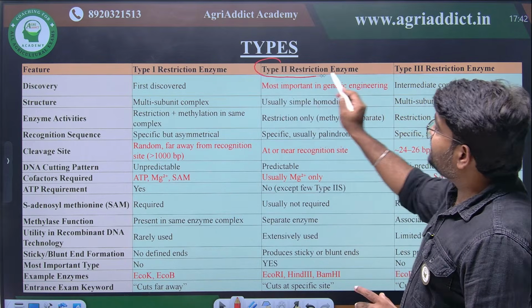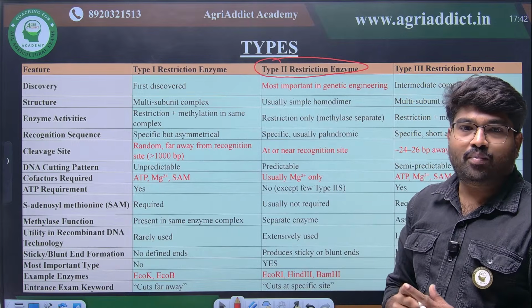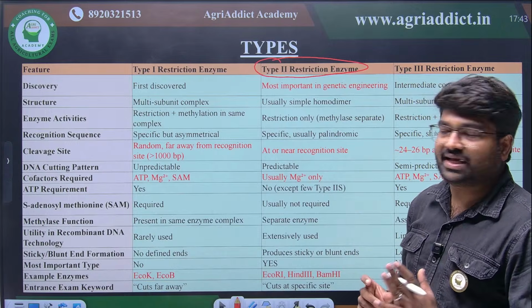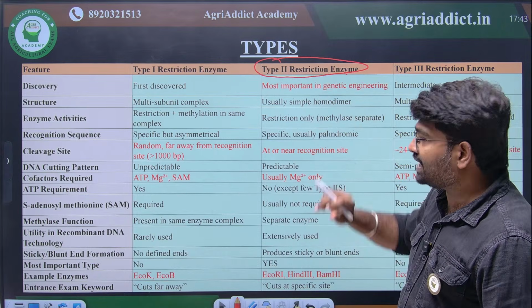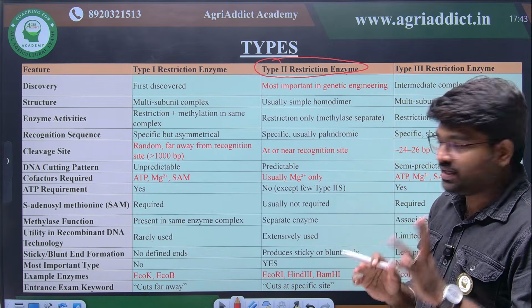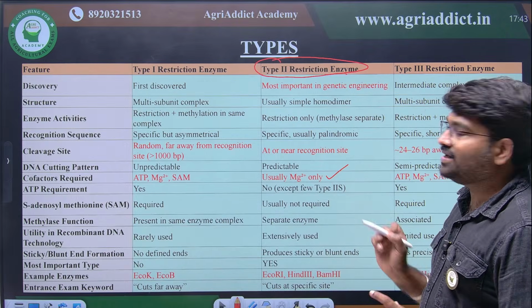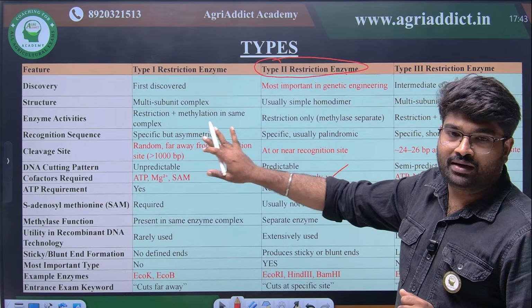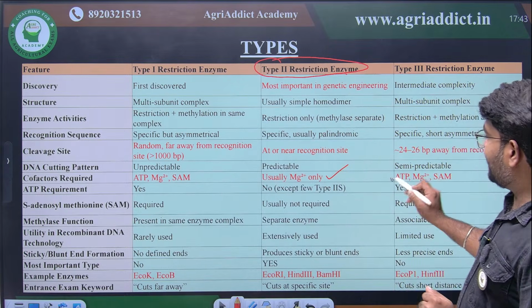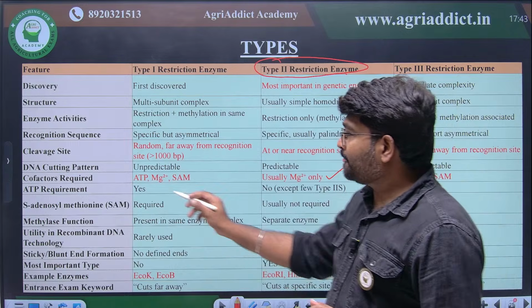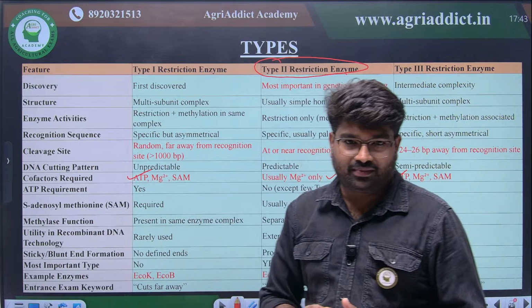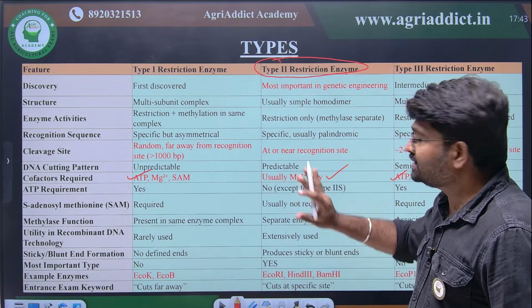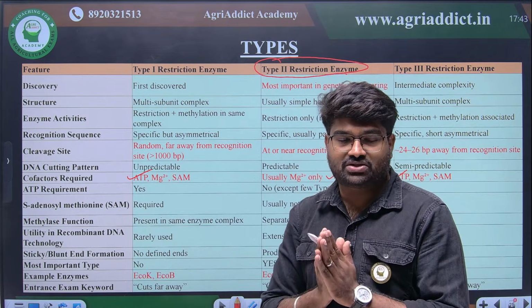Type 2 restriction enzyme is commonly used in gene cloning experiments. The specialty of Type 2 restriction enzyme is that it requires only magnesium as a cofactor.